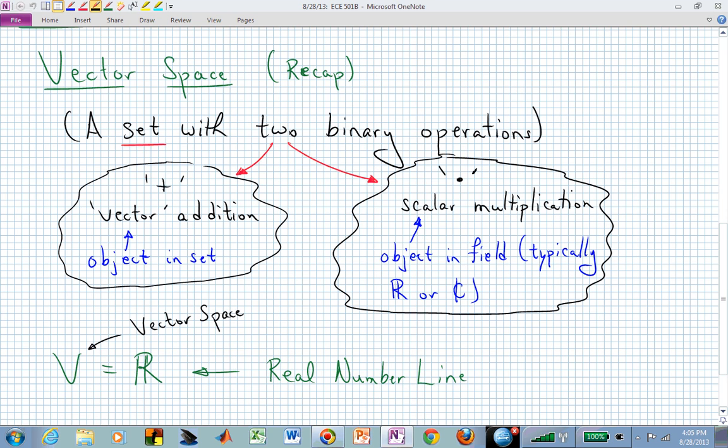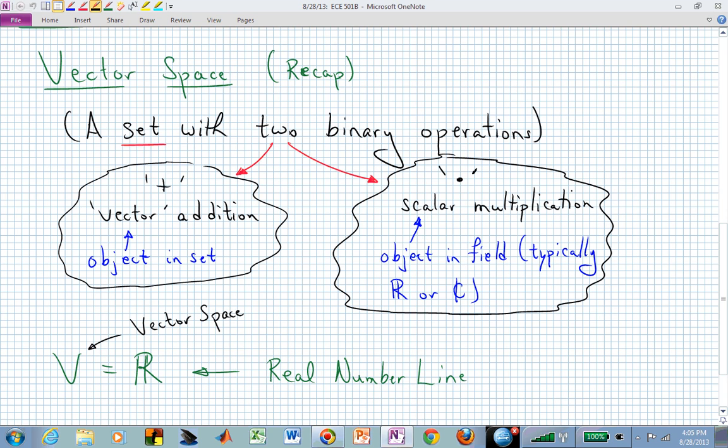The two operations are an addition and a scalar multiplication. That addition is with respect to a vector, and that vector is not necessarily this tall, thin column of real numbers. It could be a 2 by 2 matrix, and that could be a vector. A vector is this object in the set that we're drawing from to create our vector space.